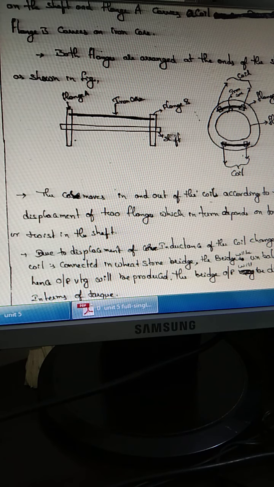If no torque is applied, bridge will be balanced and output voltage of the bridge is 0. If flange A is fixed, this end of shaft is fixed, and flange B end is moved, rotated, torque is applied at flange B end, then that end will be twisted.